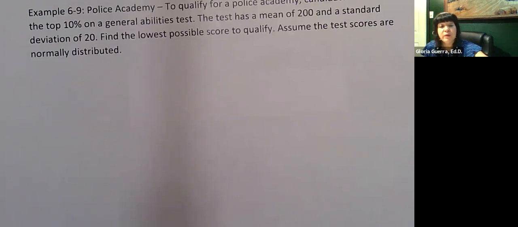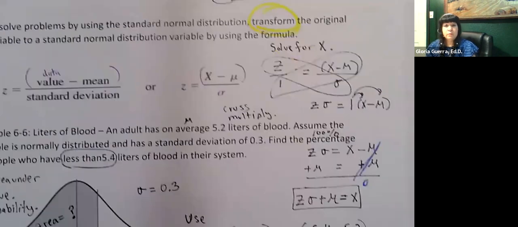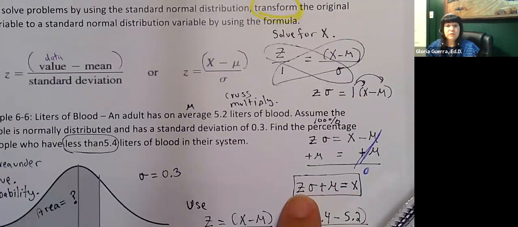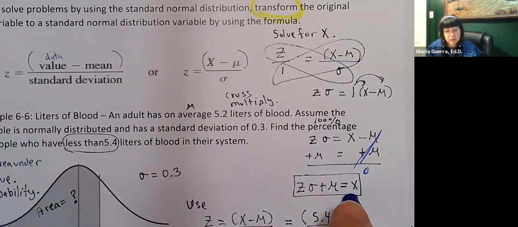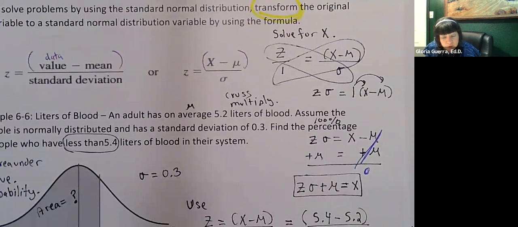Remember the very first page? I said, remember this formula for what x is equal to. Remember, x is equal to z times sigma plus mu. We're going to be trying to solve for x, so we need to use that formula, and we're also going to be finding z.